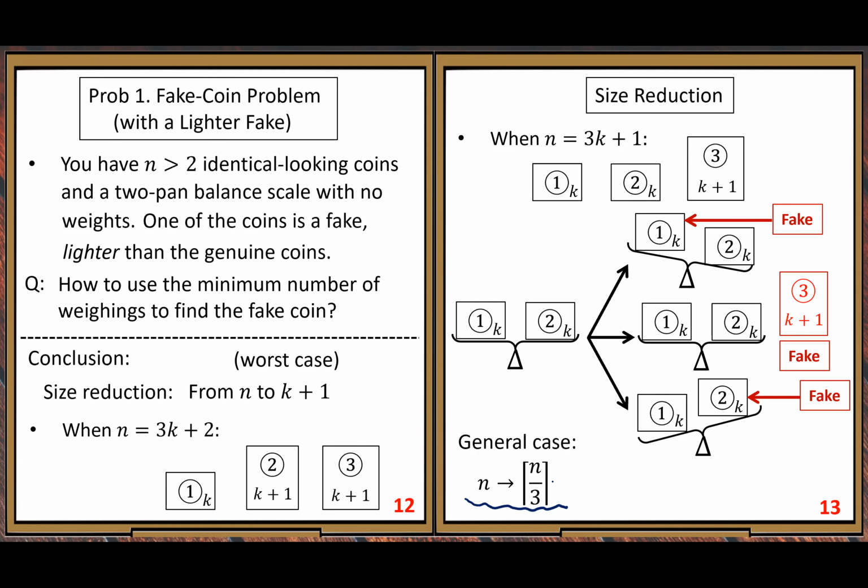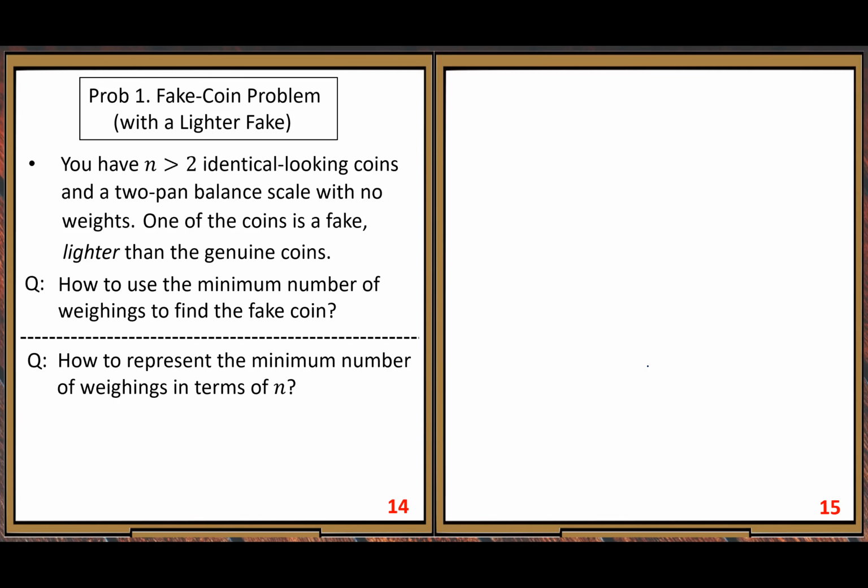Ceiling function of n over 3. Why? Because of this k plus 1, we take the ceiling function. Here, for this case, we need to consider the worst case. We need to take k plus 1 also. So that means we should take the ceiling function here.